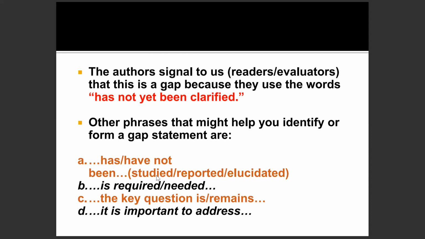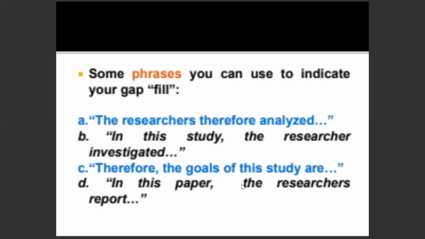So when you are writing your gap statement, these phrases must be visible in order for us to direct the attention of our research evaluators or our readers that this is the gap statement. We need to lead them to understand that this is the gap statement that we need to further discuss or explain in our particular study.